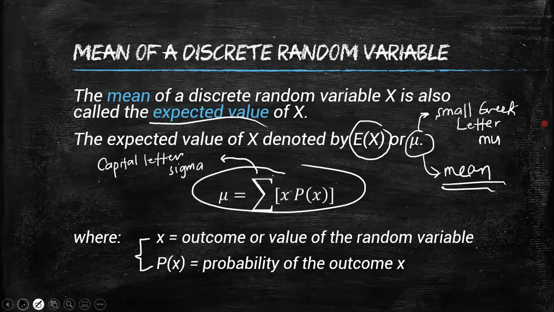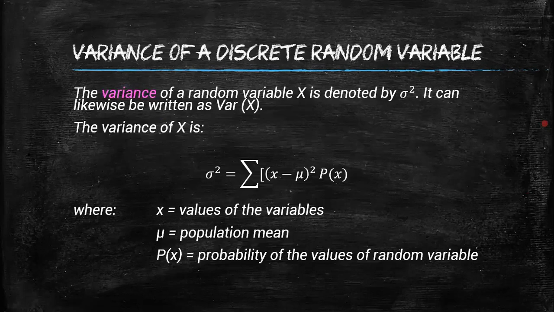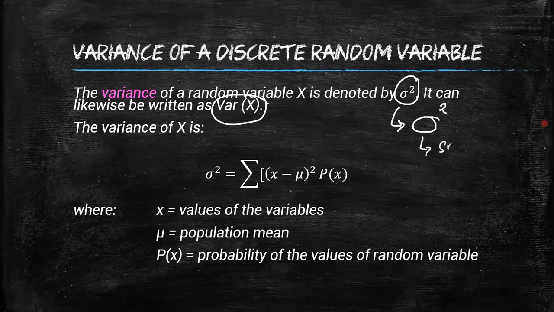Next po is the formula for our variance. The variance of a random variable is denoted by var of x. Pwedeng var of x, pero ang usually ginagamit namin, even sa book, even in the future lessons, is itong symbol na to. We have the sigma, this is the small letter sigma naman.